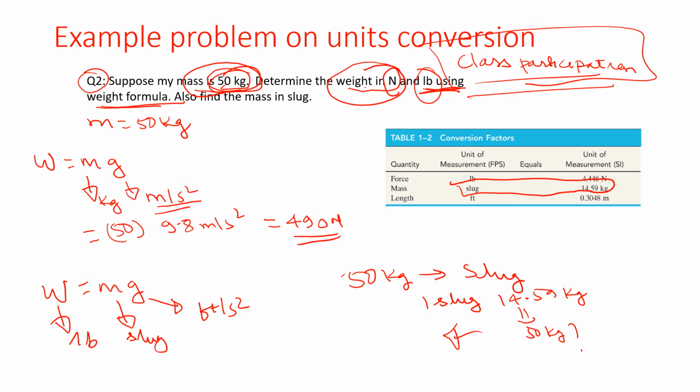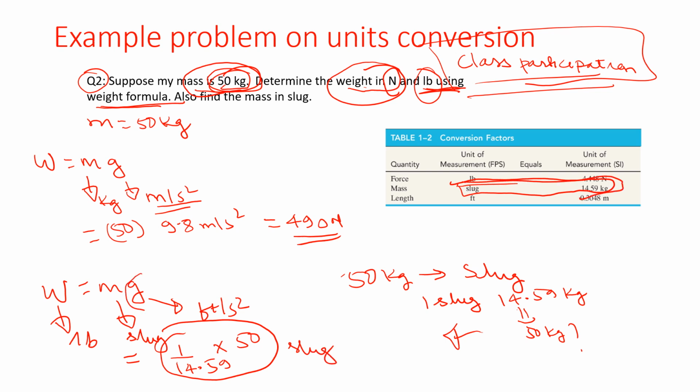If you do this simple calculation, what you get is 1 by 14.59 multiplied by 50. This is the mass in slug, right? This is what we use to convert it.